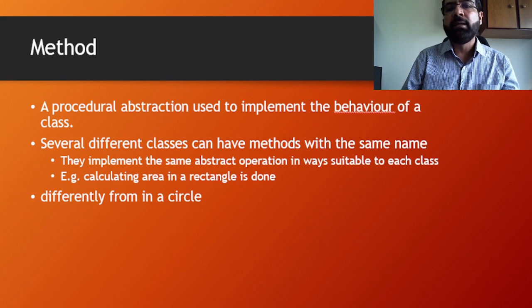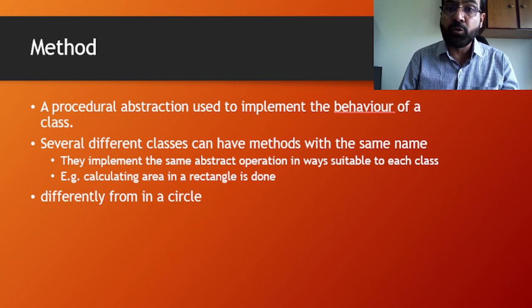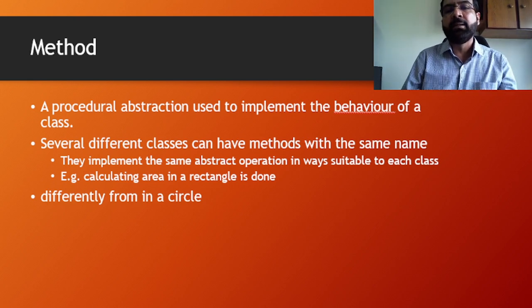A method is a procedural abstraction used to implement the behavior of a class. We talked about various behaviors of an account, for example, opening an account and closing an account. Or, for example, the account is blocked. When can an account be blocked? It has a certain behavior which is blocking.